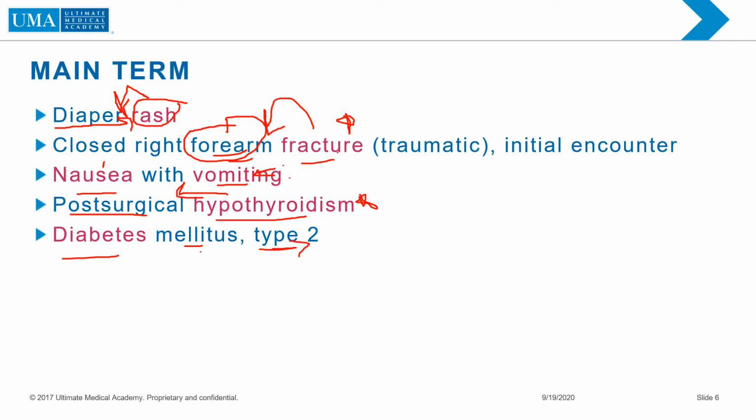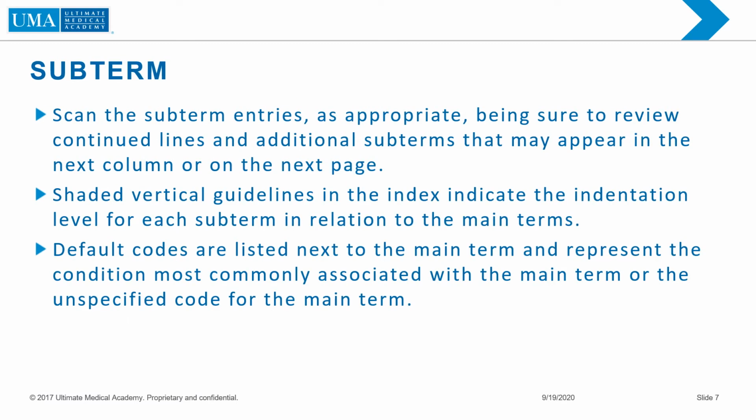We're going to move on here and get further descriptive of each of these terms to review the subterms in the alphabetic index. When we talk about subterms, those are the terms that are listed underneath the main term in the alphabetic index.